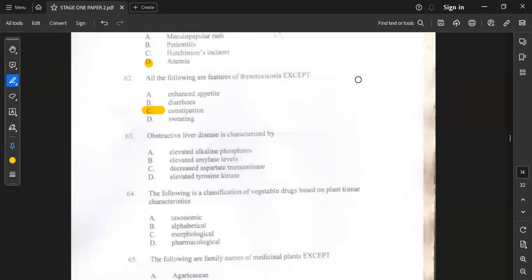I'm not sure, but I would go for ALP. A, yeah. Anyone with a different answer?